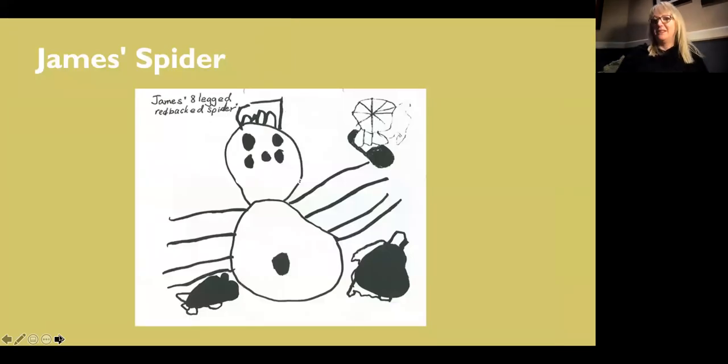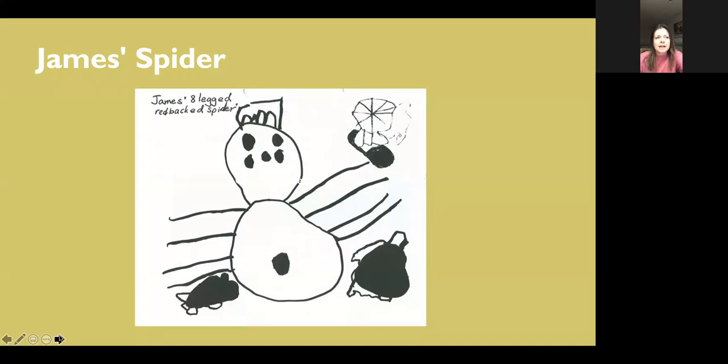Okay. So I'm going to start off our session here with a story that connects with our past sessions on counting and partitioning. The story is called James's Spider, and it comes from the First Steps in Math training and resources. One of the researchers was using their grandson as a bit of a case study.